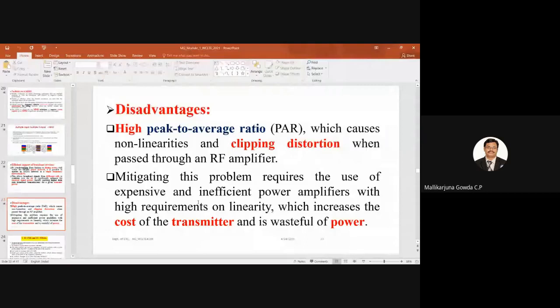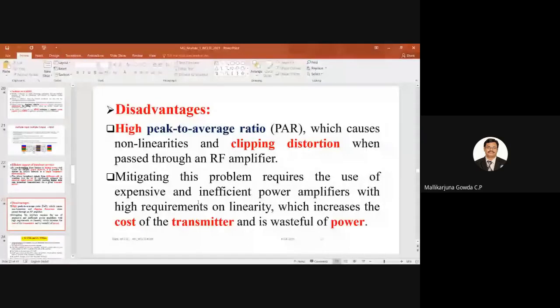You know where we get the clipping distortion, right? Hope you are all able to visualize the concept of operating point with respect to a transistor. Again I go back to the basics.